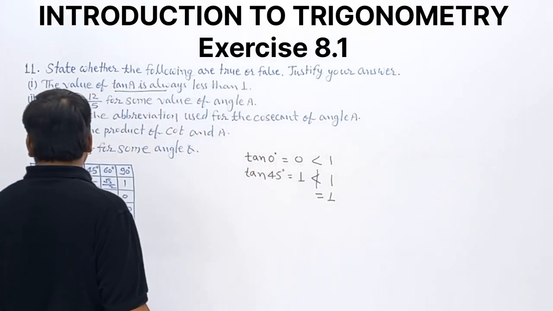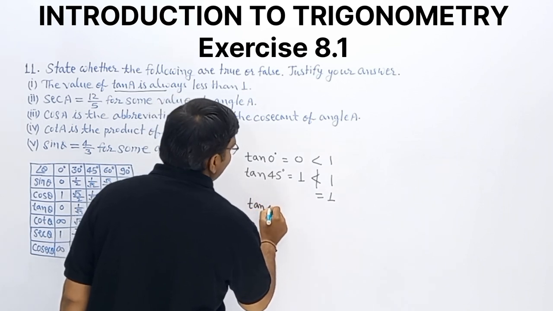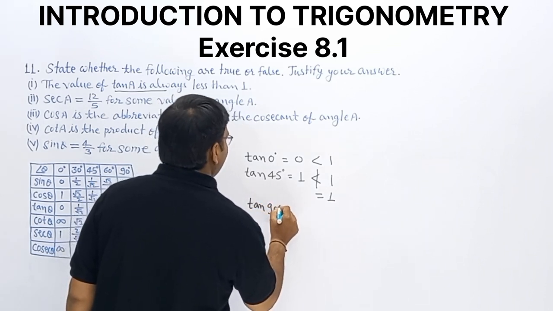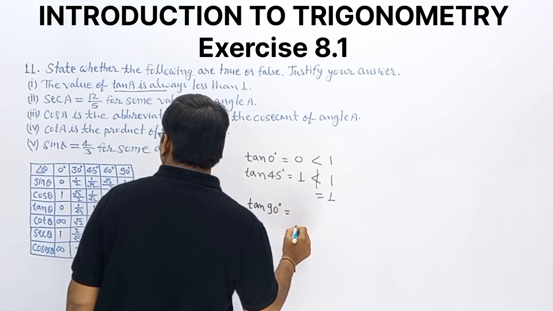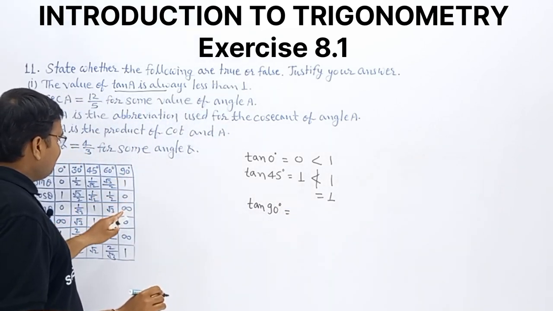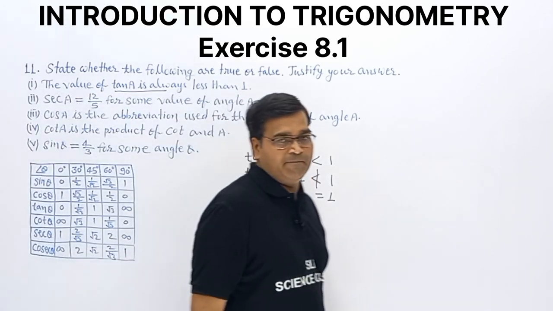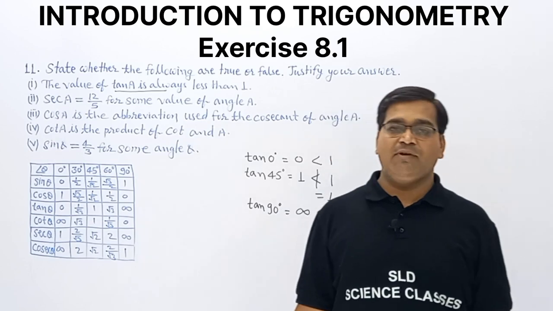And tangent 90 degree is what? Infinity. Infinity is not less than 1.